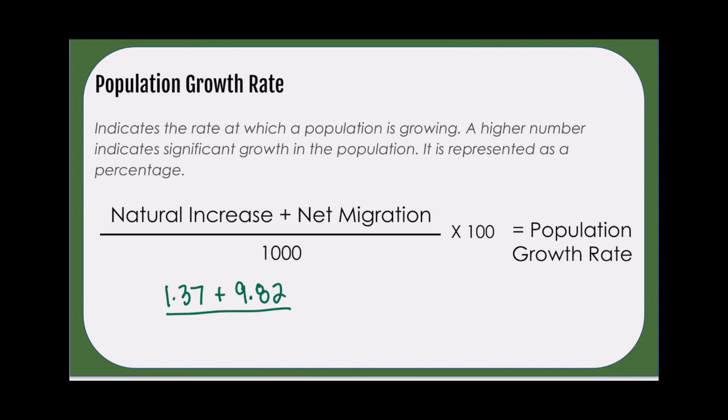Then we're going to divide by 1,000 because we want to drop off that rate per 1,000 people, because we're looking for population growth rate, we're looking for a percentage. So we're going to need to multiply that by 100. Now our population growth rate is going to come to 1.119. Now, of course, we're going to need to make sure that we round to 2 decimal places. So, of course, this is going to make our answer 1.12, and that's going to be a percentage.